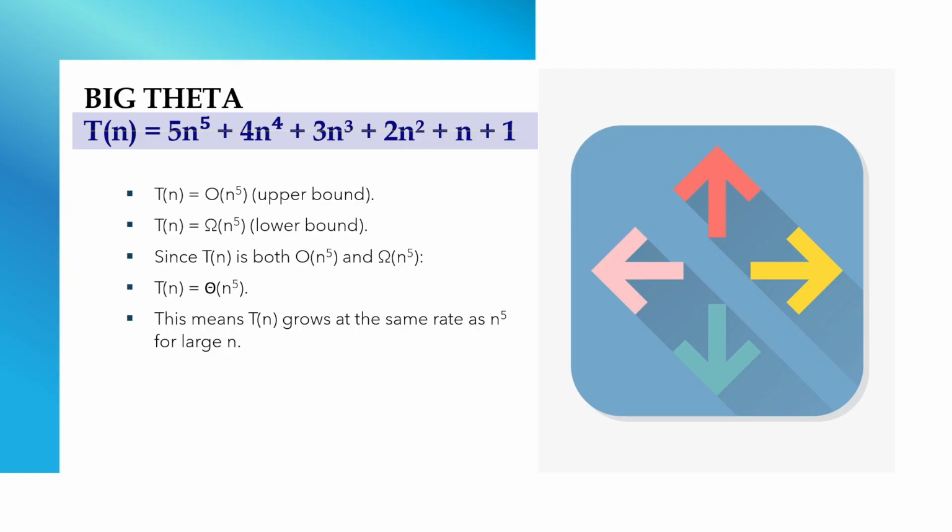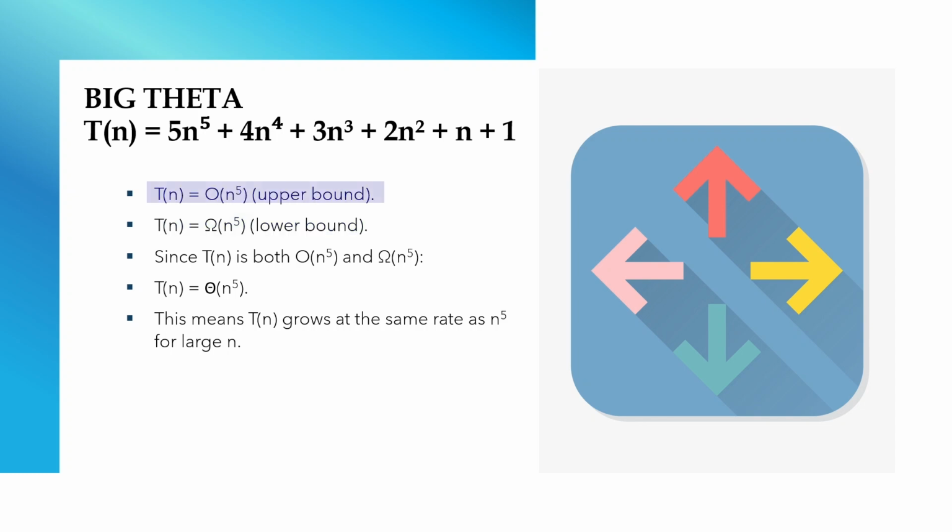Finally, the big theta. We're looking at the function again. So this function is still 5n raised to power 5 plus 4n raised to power 4 plus 3n raised to power 3 plus 2n raised to power 2 plus n plus 1. And we've already established that T(n) is at least 5n raised to power 5. This is the lower bound.